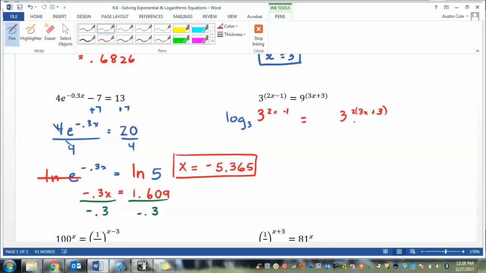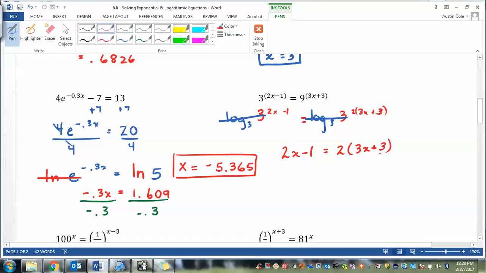So all this right here is an exponent. And now I have the same base. So log base 3 both sides. So now those go away, and those go away, and I'm left with my exponents. So on the left, I'm left with 2x minus 1, and on the right, I have 2 times 3x plus 3.